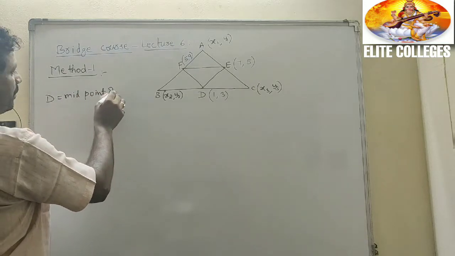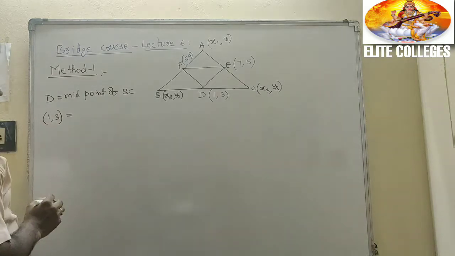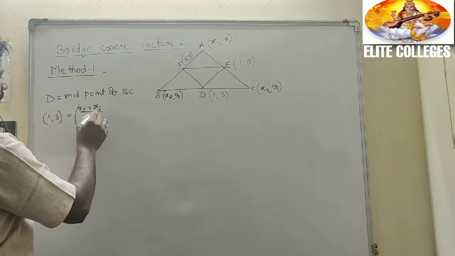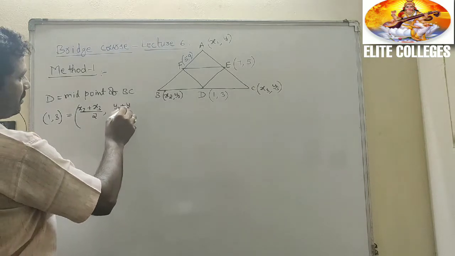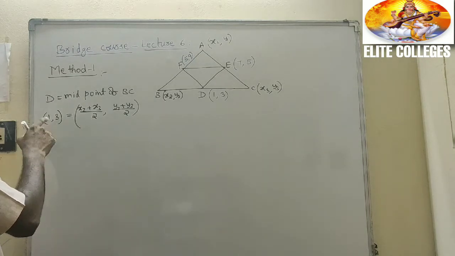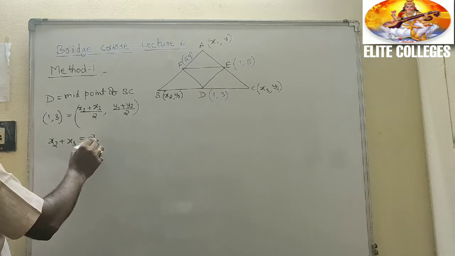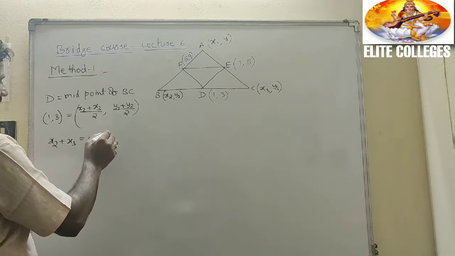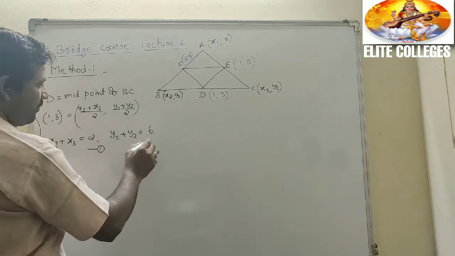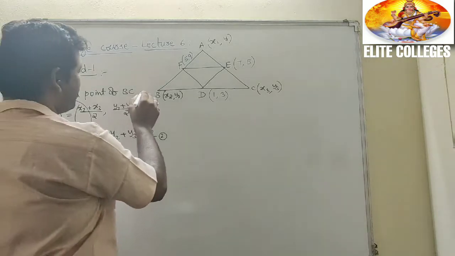D is the point (1, 3), equal to the midpoint of these two: ((x2 plus x3) by 2, (y2 plus y3) by 2). Now compare this one. x2 plus x3 equal to 2 into 1, that is 2. y2 plus y3 equal to 2 into 3, that is 6. This is the first equation. This is the second equation. So D is the midpoint of BC.